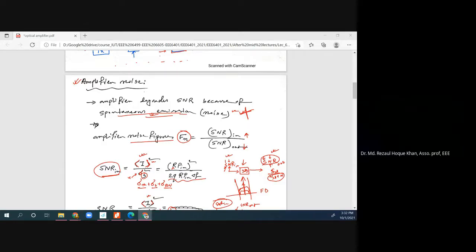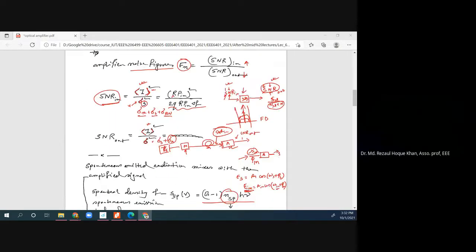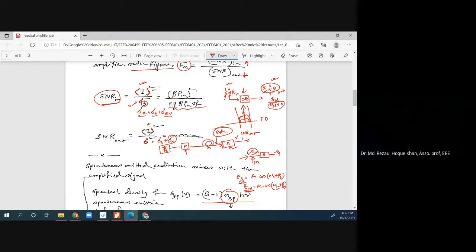What happens in the spontaneous emission? This spontaneous emission gives you the same lambda, lambda SP. But the difficulty will be the phi.